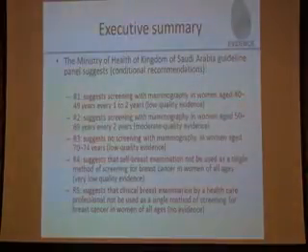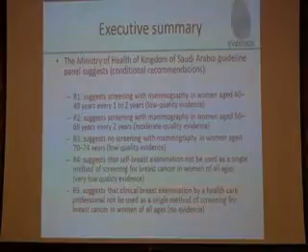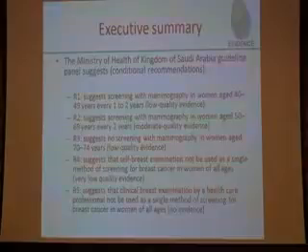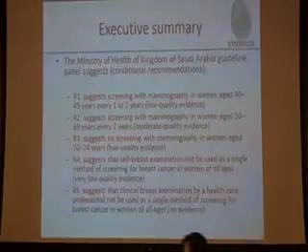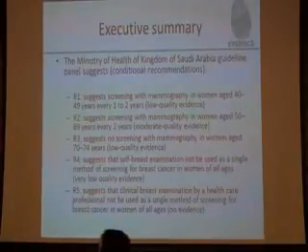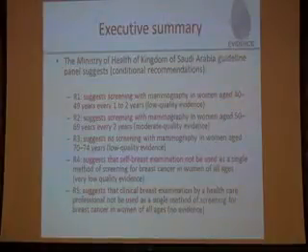The guideline is on breast cancer screening, but there are many recommendations. I selected 5. One suggests screening every 1 to 2 years between age 40 and 49. You might say, well, fine, that's what I do, I'll continue. A second recommendation suggests screening with mammography between 50 and 69 every 2 years.